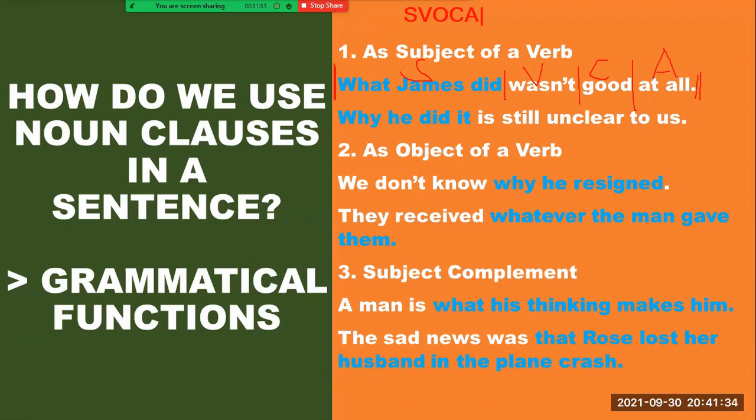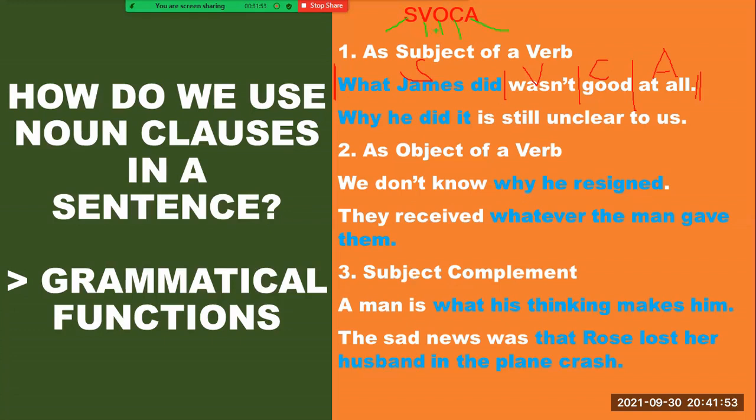Now you can see that S stands for subject, V stands for verb, O stands for object, C stands for complement, and A stands for adjuncts.